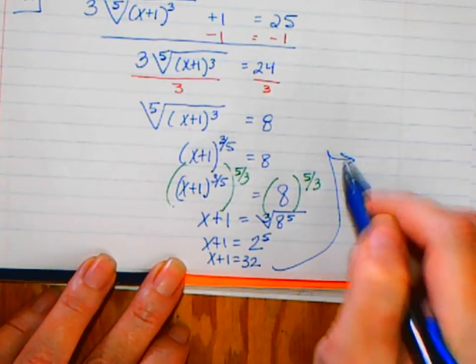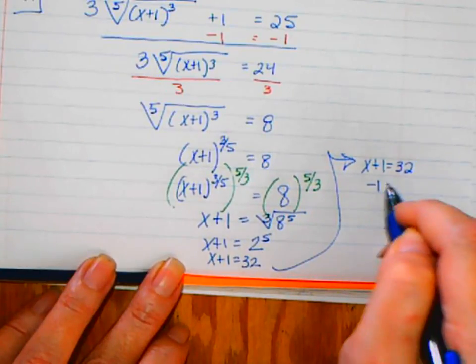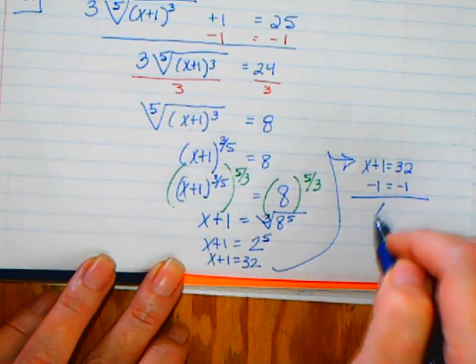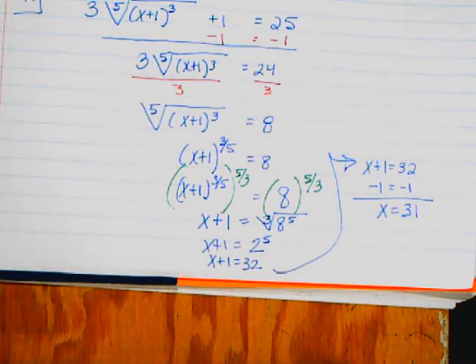Give myself a little more space up here. So if I subtract 1 from both sides, x equals 31. I didn't make 2 separate equations because I didn't have a positive and negative 32, just a positive 32.